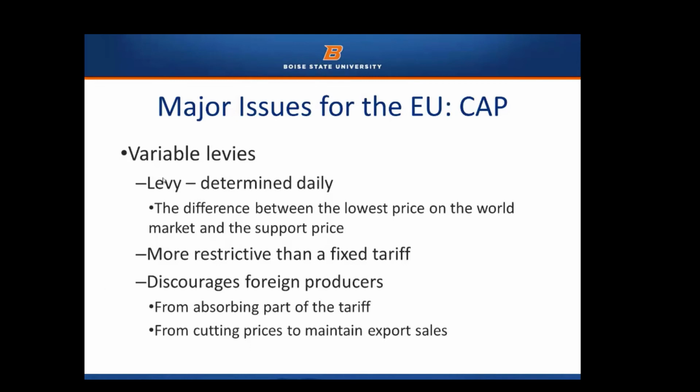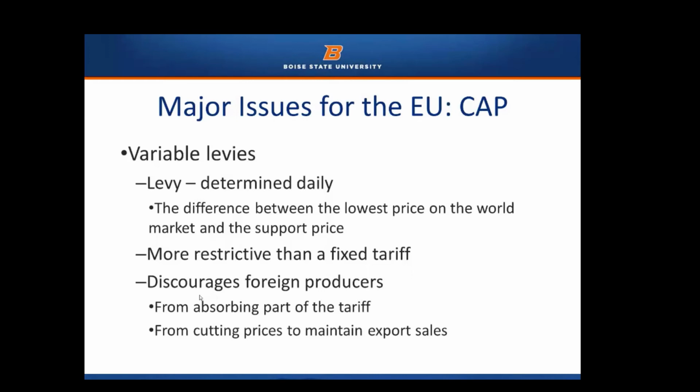So like I said, the variable levies, let's make our tariffs on external products more responsive to market conditions. Rather than a fixed tariff, let's adjust it according to whatever the demand and supply conditions are changing.